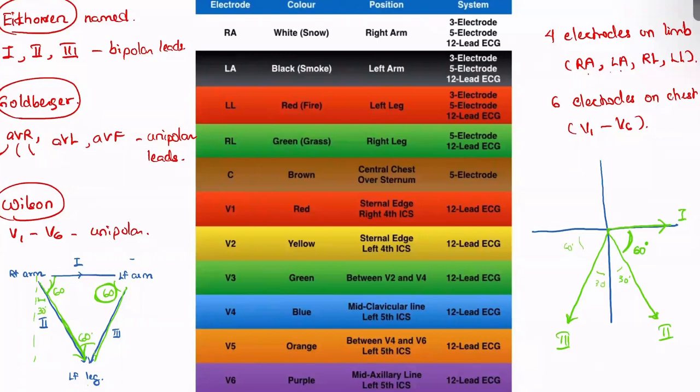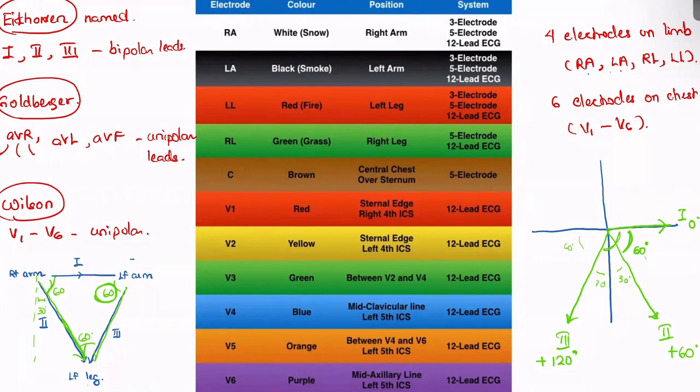So for the lead 3, if studying from the lead 1 here, it might be the 120 degree. So say 60, 30, and 30. So 120 plus 60 is 180.